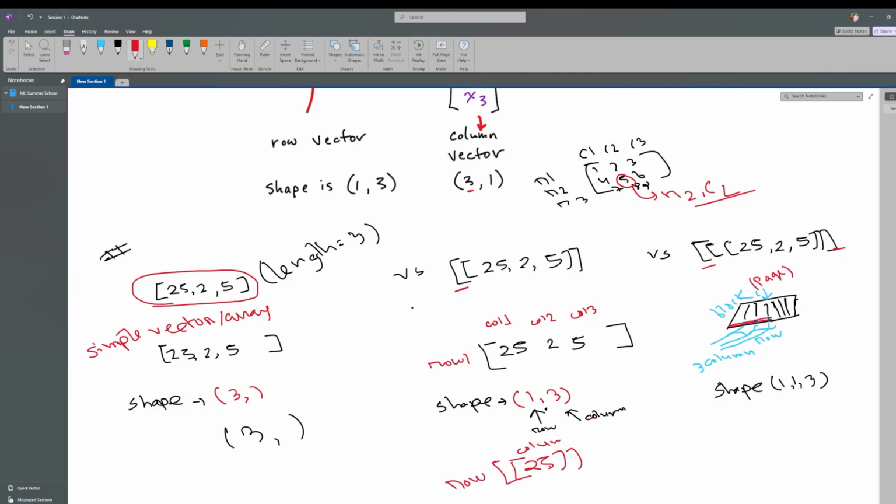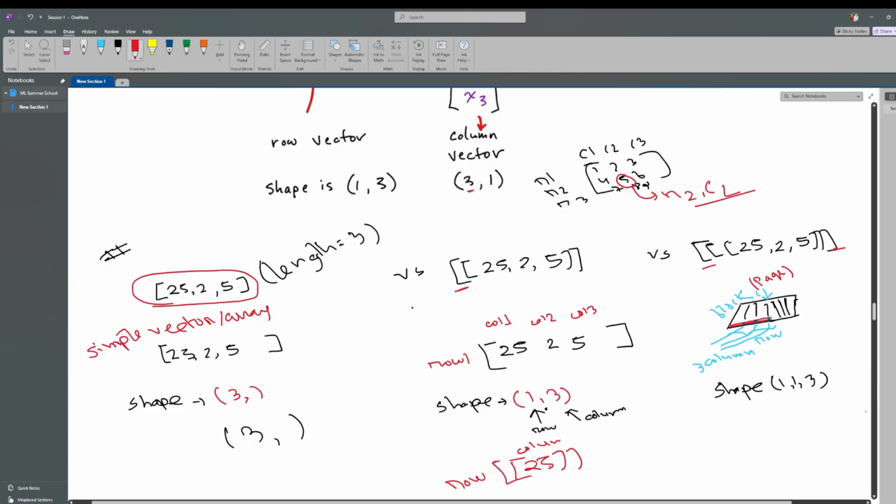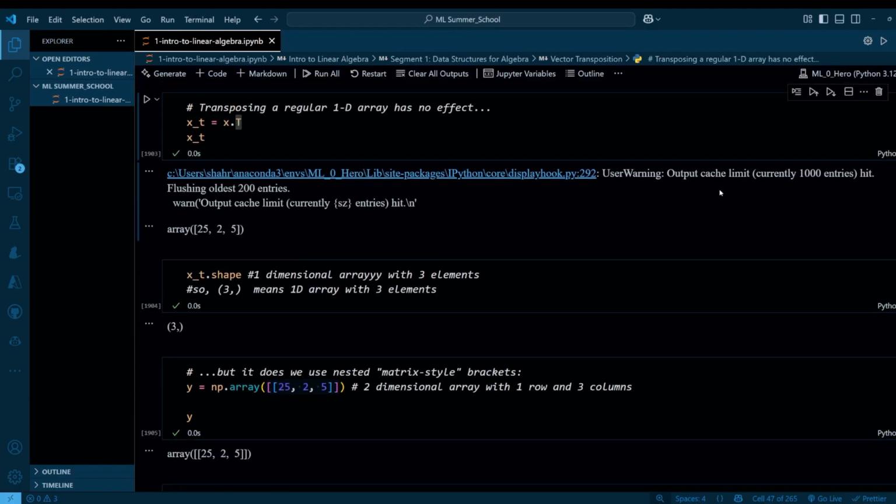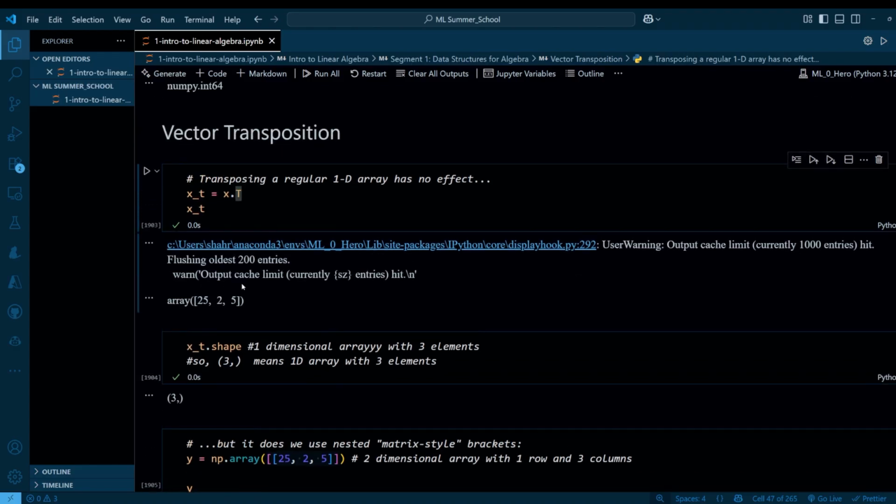Why are you considering it as a row and column? It just has simple values, that's it. Whatever the array is, it has 3 simple values. But when we pass 2 parentheses, it considers that there is a row and some columns. Now if we use transpose, it has some sort of change. That's what happens.